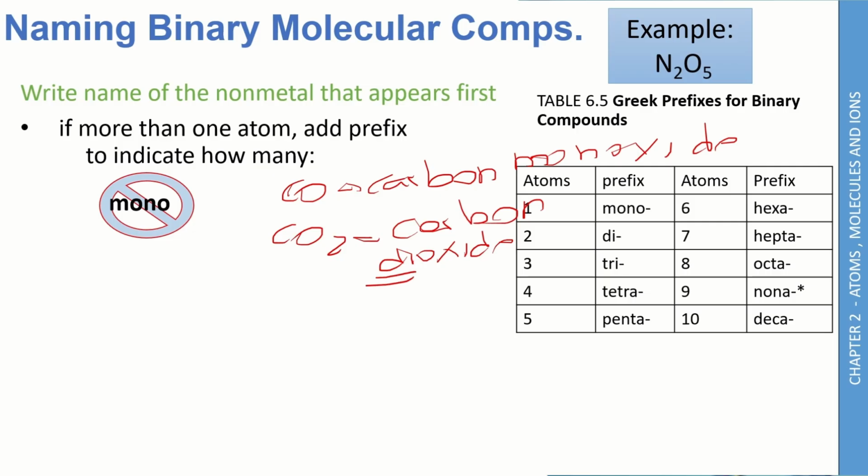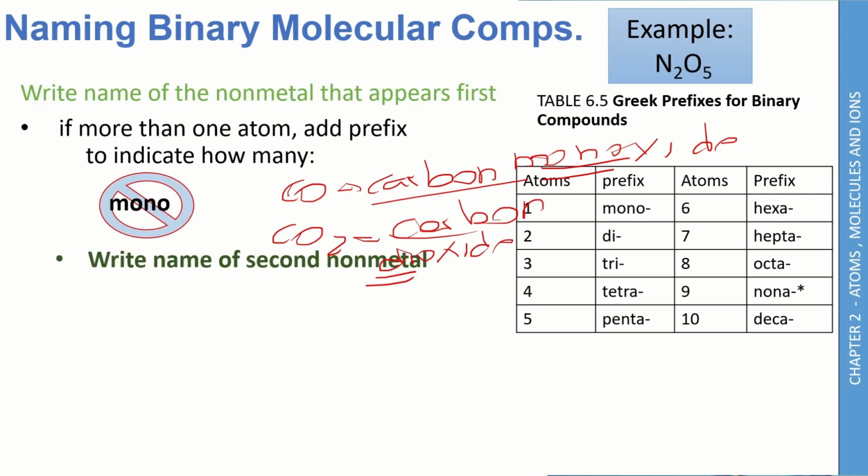See that I'm telling you how many oxygen I have. Here I have 1 and here I have 2. But I'm not indicating that I have monocarbon, so we don't use mono for the first non-metal. We just use mono for the second, okay? If it was 2 carbons, it would be dicarbon, but it's not the case, okay?